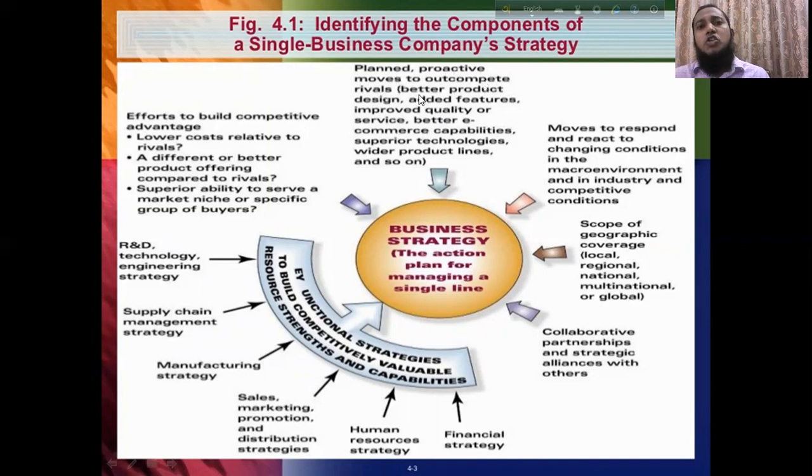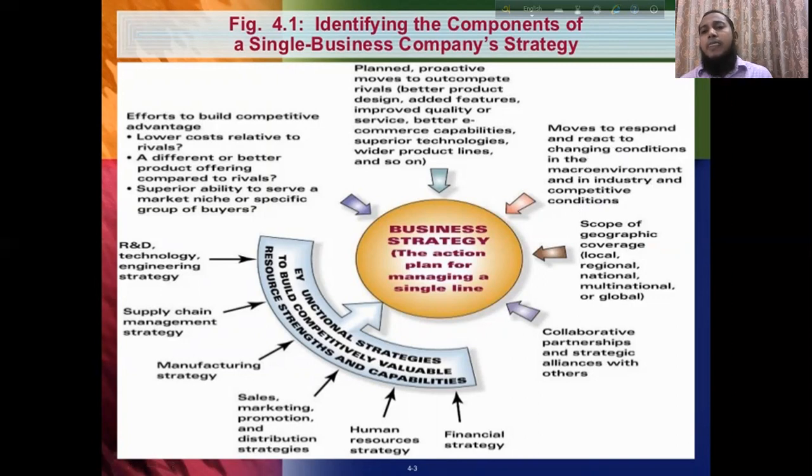I mean, in order to outcompete rivals or competitors from the market, the single business company needs to produce quality products, unique design, and value-added products, improved quality, superior service, and by which they will be able to beat the competitors. Moves to respond and react to changing conditions in the microenvironment and in industry and competitive conditions.